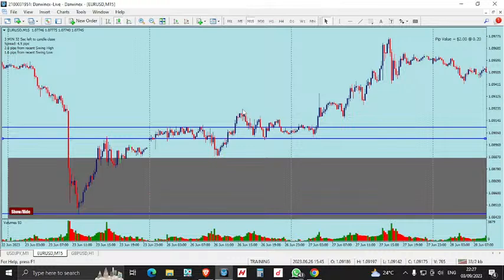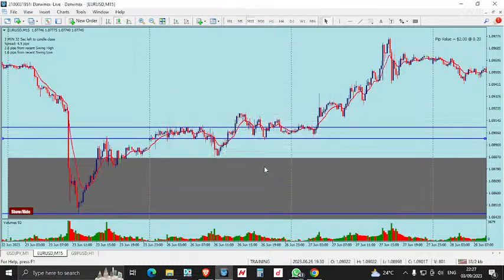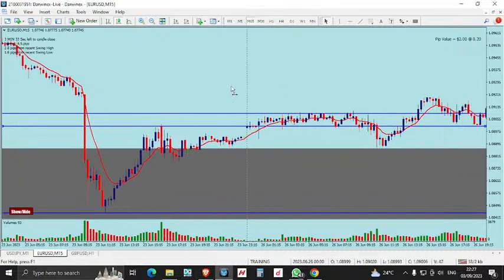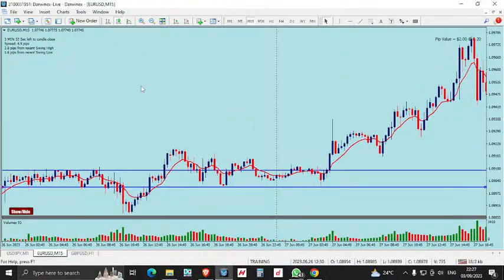You will no longer sell again. So let us check where we can buy. Here now we can employ our 9-period moving average. I'm going to zoom in. Now, this is the first break.